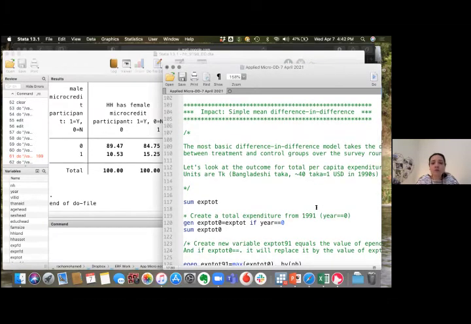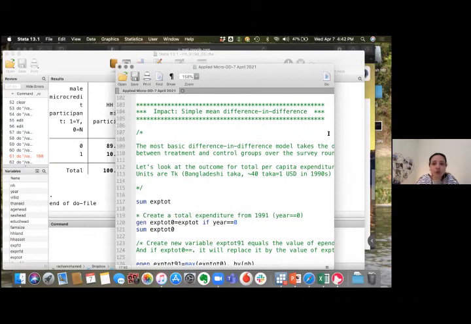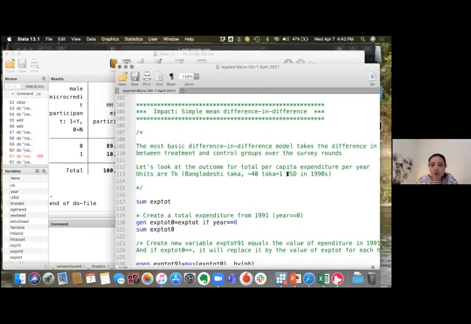Okay, so one basic thing that you can do when you want to compare between two groups is to take the difference in outcomes between treatment and the control groups over the survey rounds. So for instance, if we focus on the total per capita expenditure as an indicator of outcome, because we said that we are interested in consumption, in poverty, I will take the total per capita expenditure per year, and we can simply compare the outcome between these two groups, those who benefited, who have a male or female participant, and those who don't.